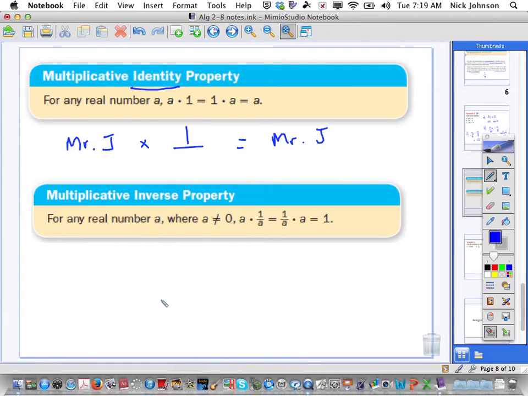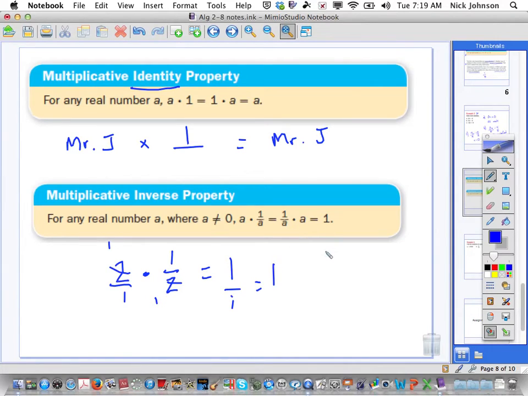So what this is saying is 2 times 1/2, this is my a, equals 1. Well, does that work? Well, yeah. 2 over 1, the 2's divide out, leaves me with 1 times 1, which equals 1.